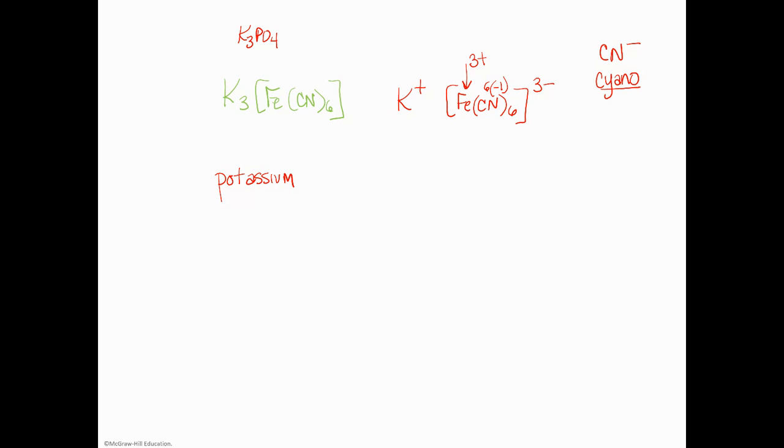Potassium, hexacyano. And then here's the weird part that came up on the previous slide: instead of calling it ironate, it gets switched to ferrate. And now we have to say that it has a charge of 3.